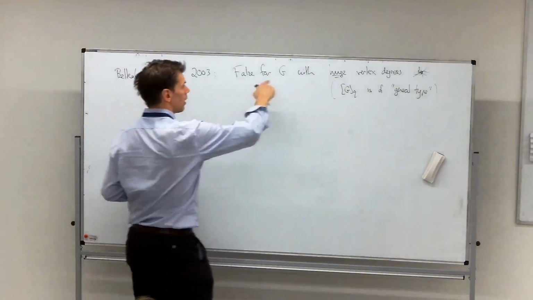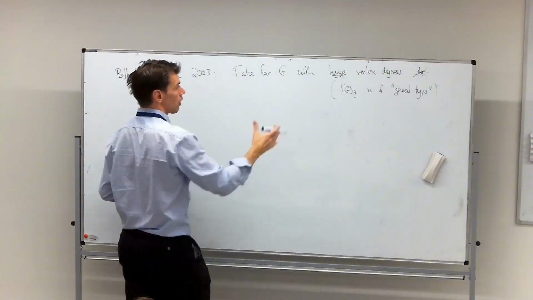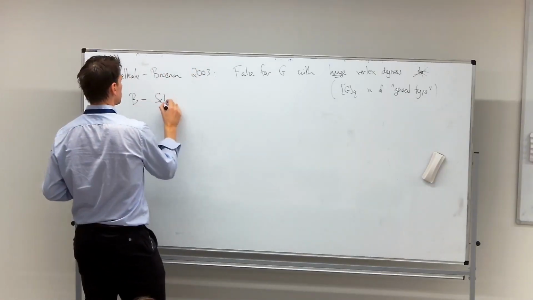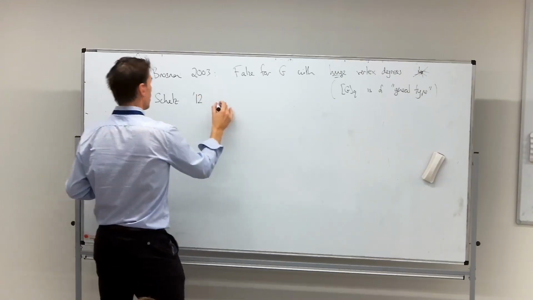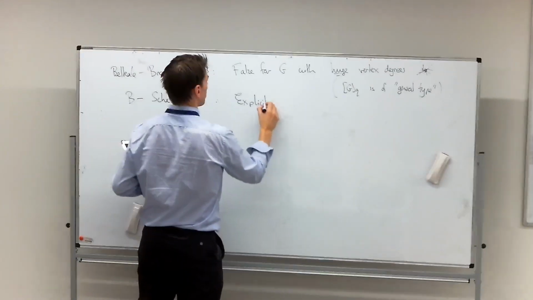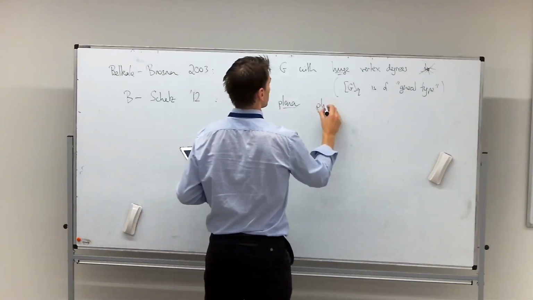But at the time, it was still thought that the graphs which actually come from physics, simple graphs, should still be polynomial. And that's something myself and Oliver Schnetz did in 2012, I think. We even found an explicit planar physical counterexample.